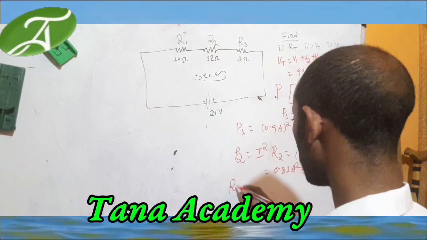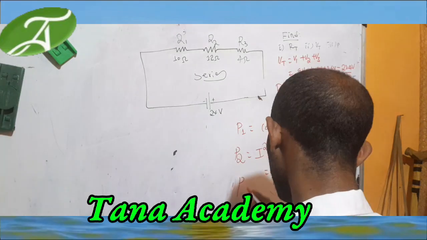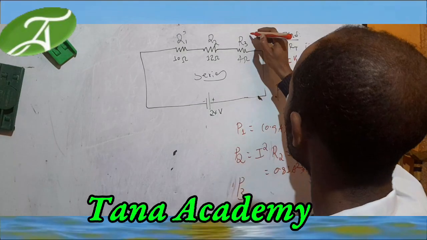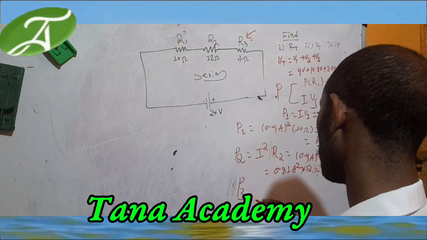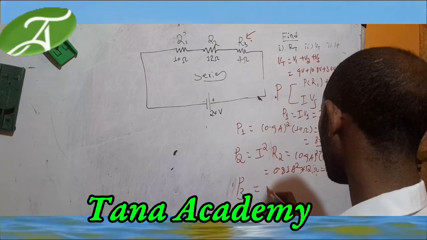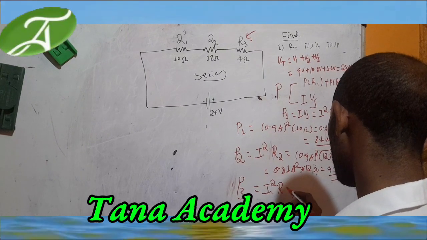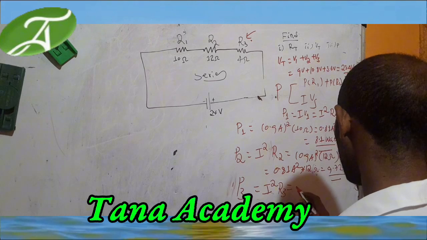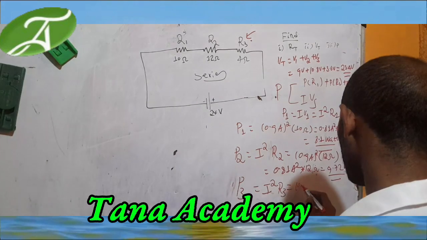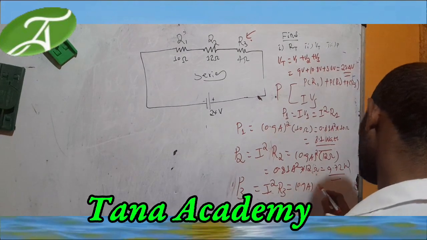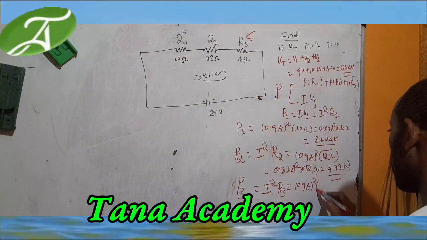While P3, that means power at R3, P3 is equal to I squared R3, is equal to 0.9 ampere squared into what?